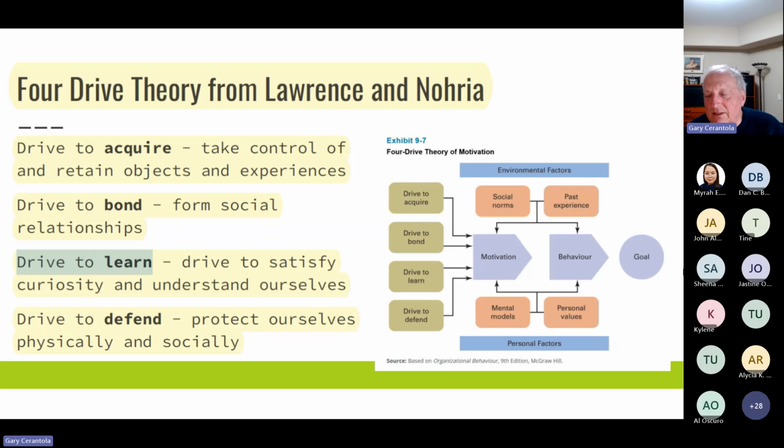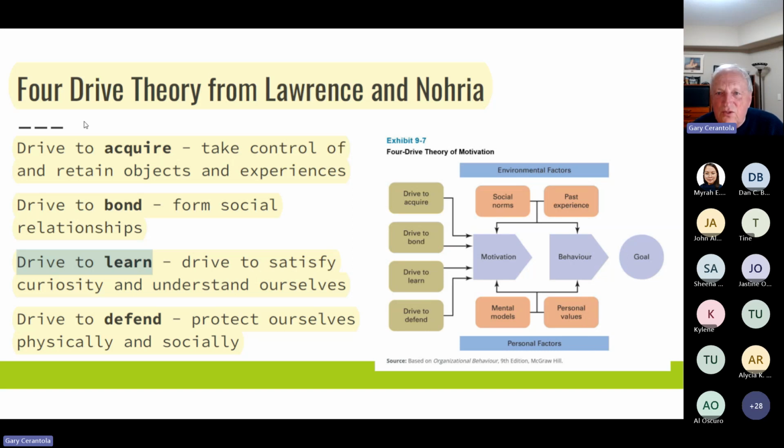And how do you do that? Well, you establish, and I would call this corporate norms rather than social norms, and past experience to be able to find the right motivators to get the right behaviors, and then using the right models and personal values to get to those right behaviors. Because I talked about these personal core values that are so important in today's world.